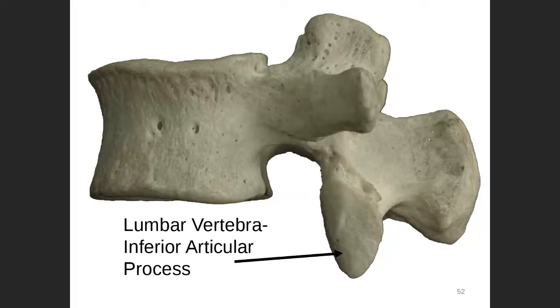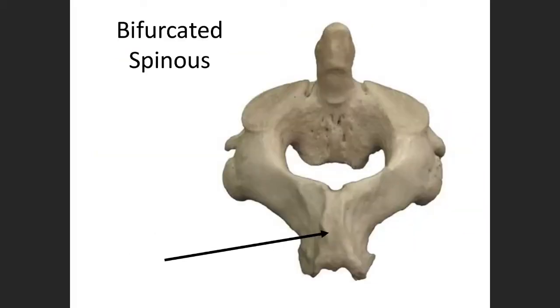Okay, so let's talk about bifurcated or bifid spinous. That's right there. Again, you can see it's got these two little bumps on the bottom of it. If it was just straight back, one single thing, then that's not a bifurcated spinous or bifid spinous. That is a spinous process.